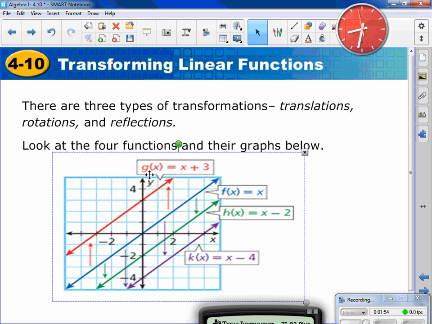All it did was shift up 3. How about the green line? Moved down 2. And the purple line moved down 4. Those are all examples of transformations. Those are all translations.